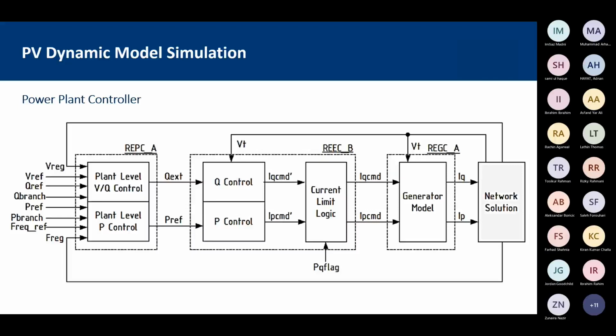And AEMO has very clear guidelines in terms of frequency disturbance. If frequency changes to 51 hertz, your system needs to stay operational for a certain time period. And similarly for voltage disturbance, like I said, if voltage goes above or under, then there are time limits.